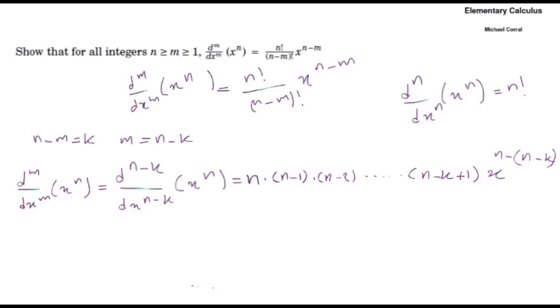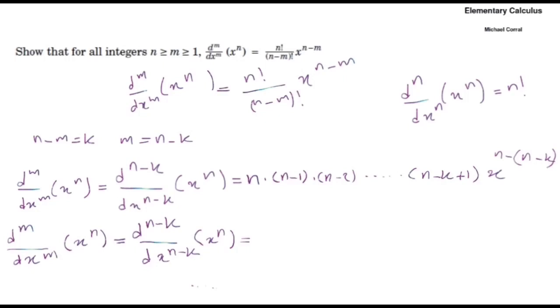So the m-th derivative of x to the n power equals n times n minus 1 times n minus 2 until n minus k plus 1 times x to the k power.